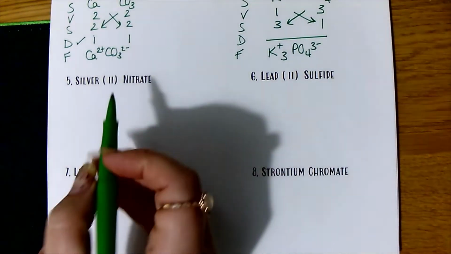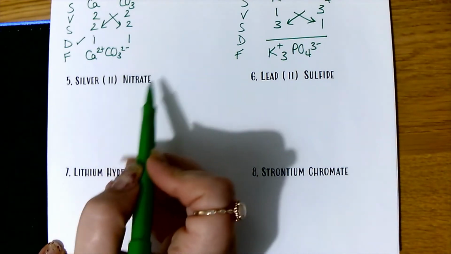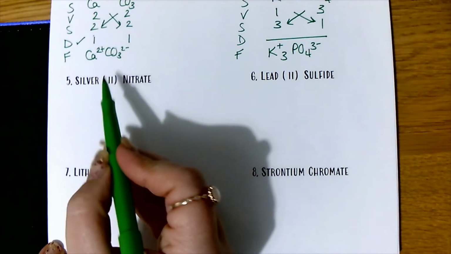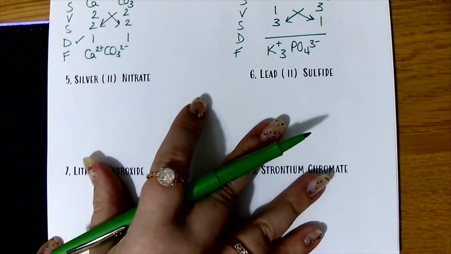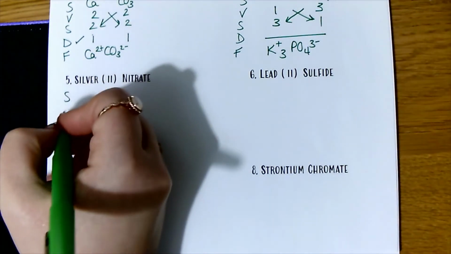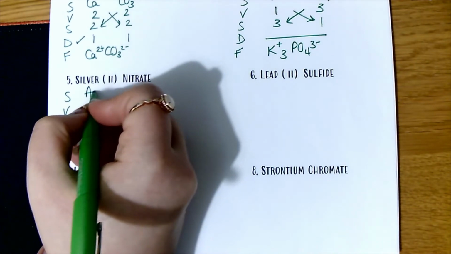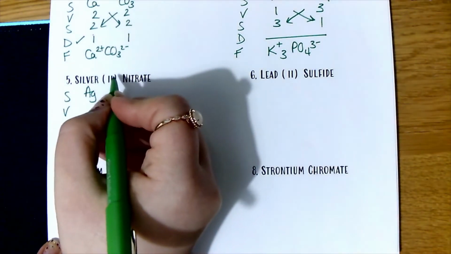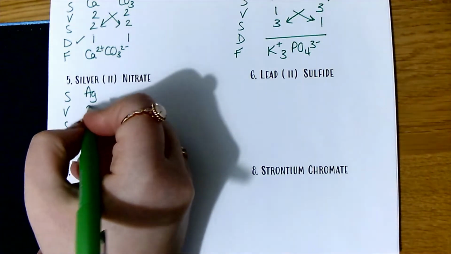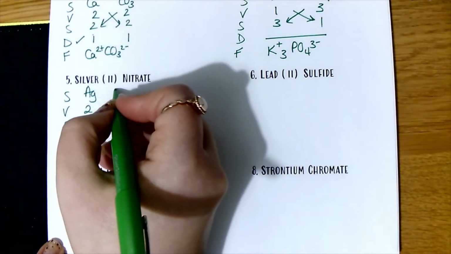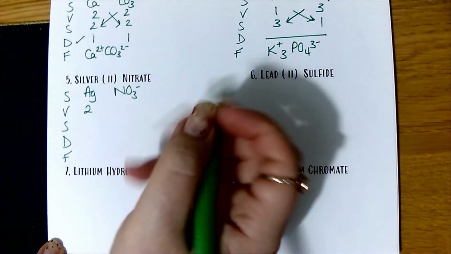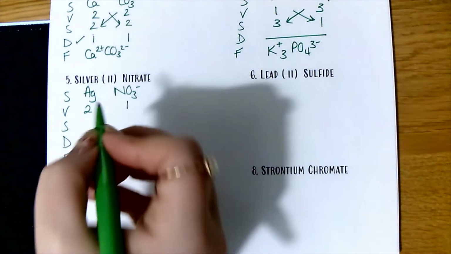Moving on to look at silver 2 nitrate. So here we've got our complex ions and we're introducing our Roman numerals. So silver symbol is Ag. We've got a Roman numeral here, so we can put this down as a valency of 2. Nitrate is lifted from the data booklet and it has a valency of 1.